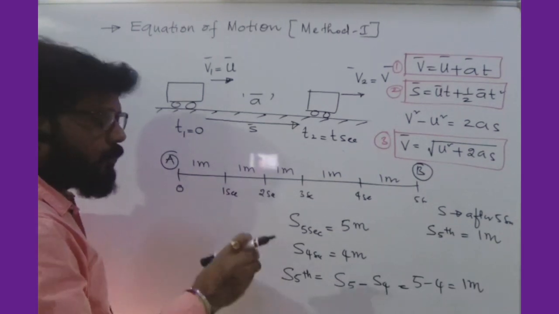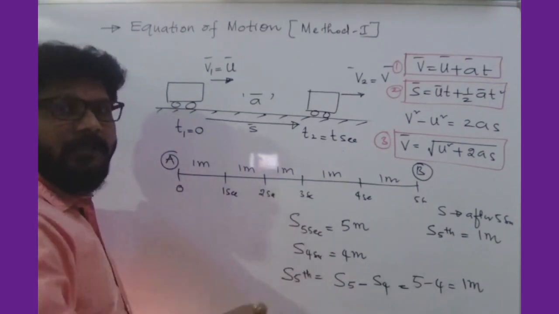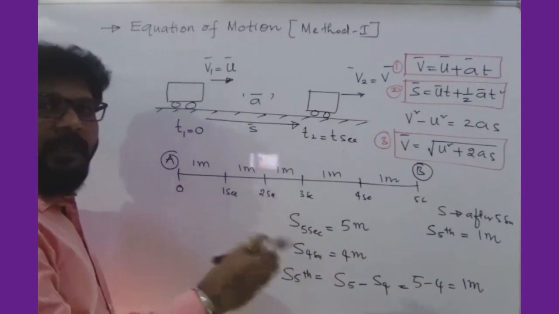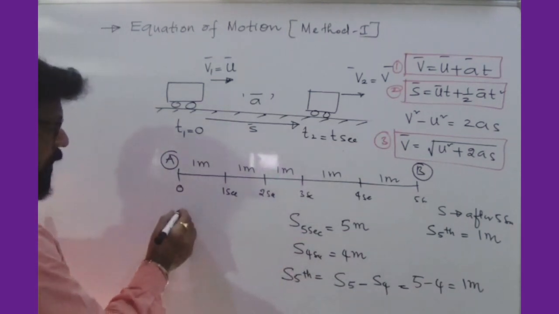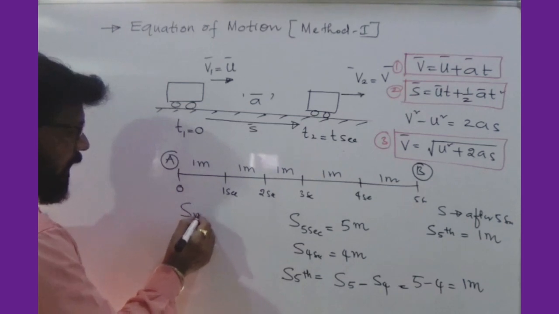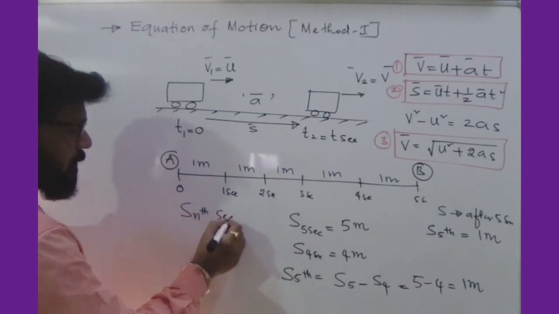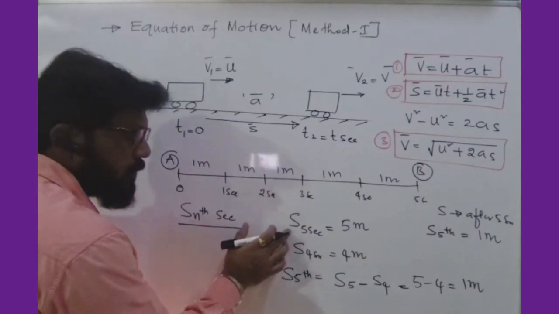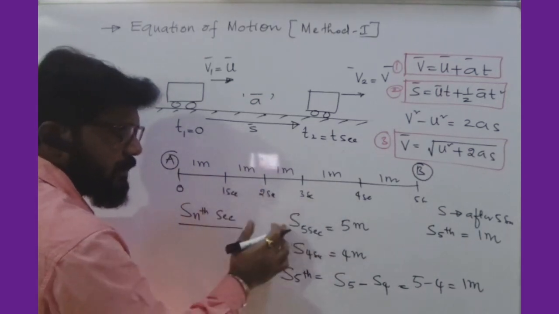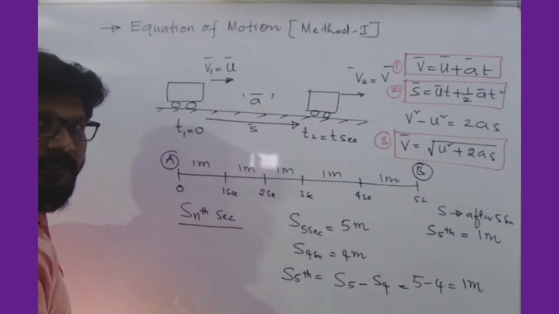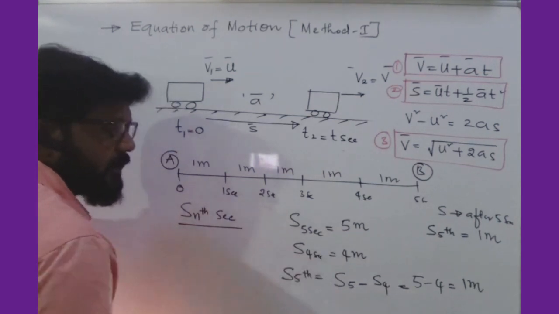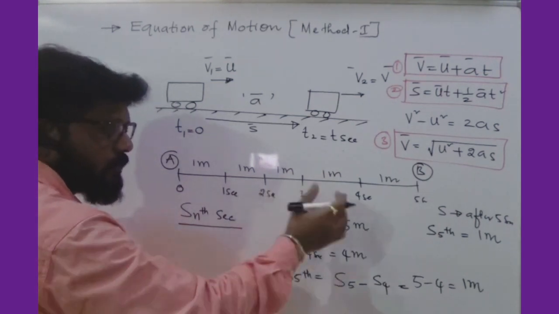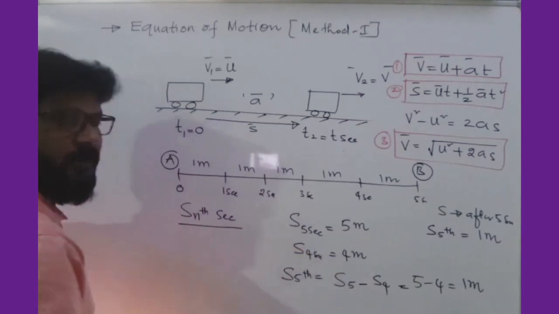In a similar manner, we want to calculate the distance travelled in the nth second. For 5 seconds, I am taking the distance travelled in 5 seconds, and for 4 seconds, the distance travelled in 4 seconds.